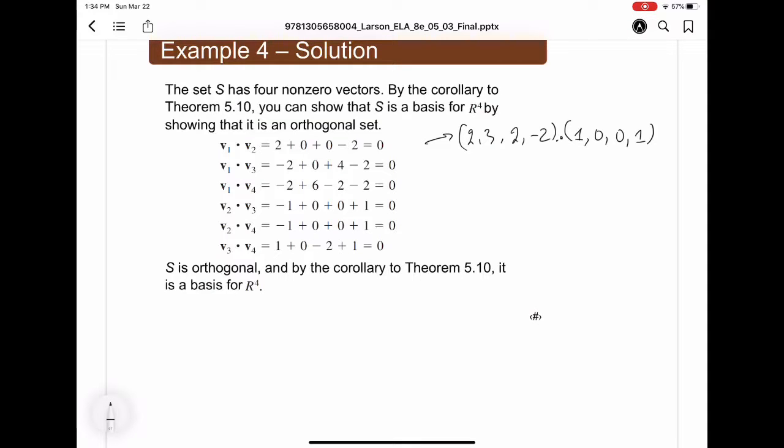For the dot product, you get 2 times 1 plus 3 times 0 plus 2 times 0 plus negative 2 times 1. That is 0. So just consider all dot products and you see all of them are 0. That means the set S is orthogonal, and that is a basis. Not only a basis, in this case they are an orthogonal basis of R4. Make sense?